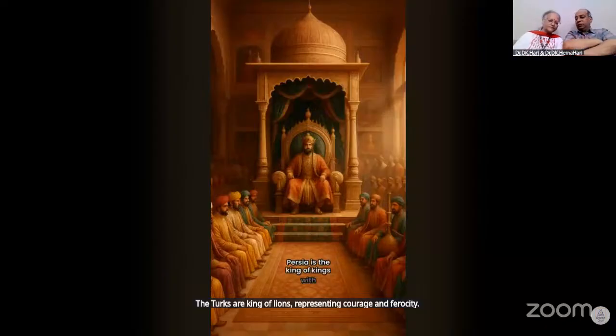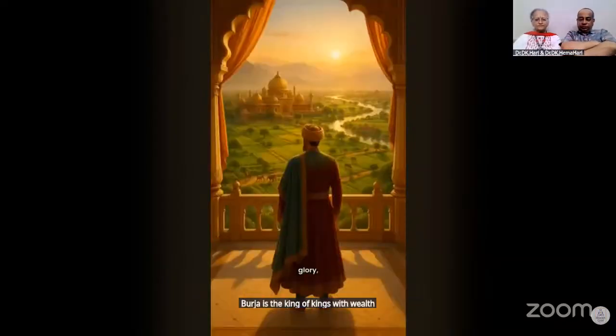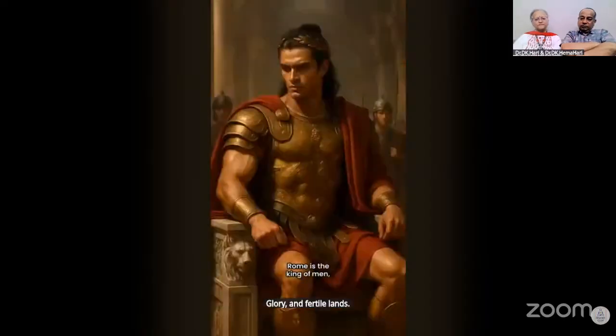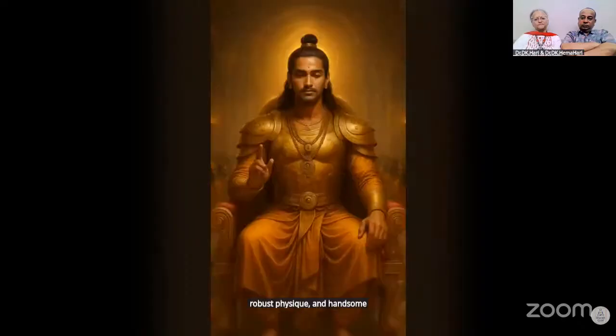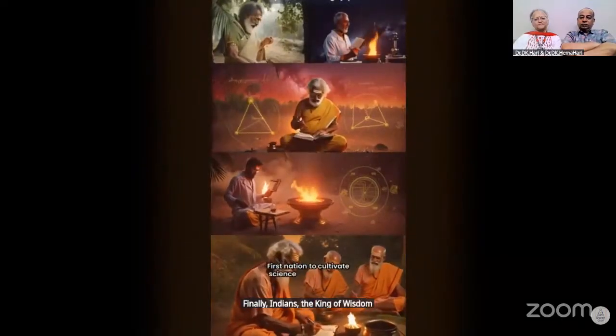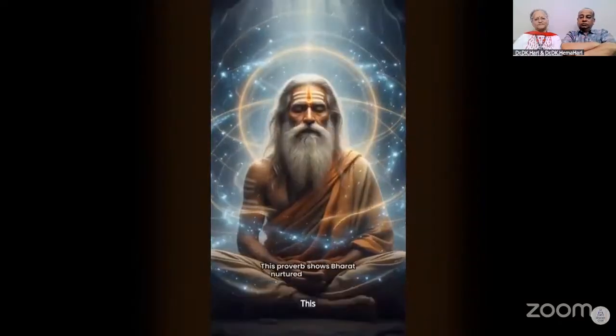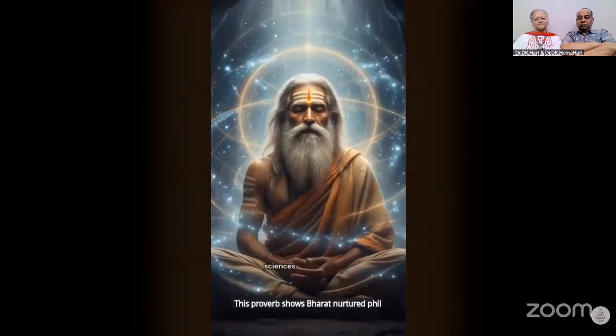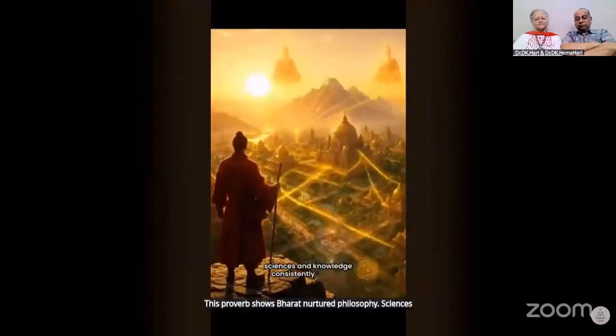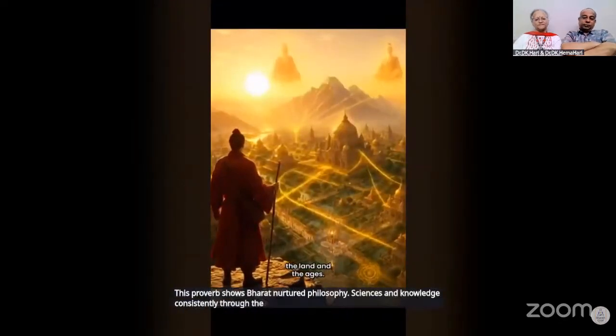Persia is the king of kings with wealth, glory, and fertile lands. Rome is the king of men, robust physique, and handsome faces. Finally, Indians, the king of wisdom, first nation to cultivate science and branches of knowledge. This proverb shows Bharat nurtured philosophy, sciences, and knowledge consistently through the land and the ages.